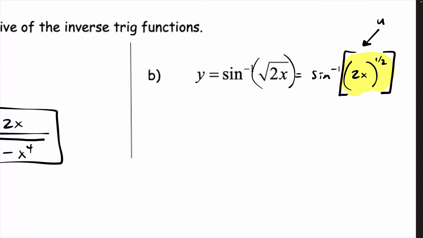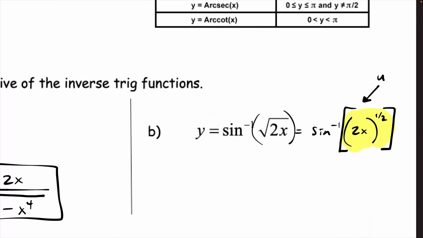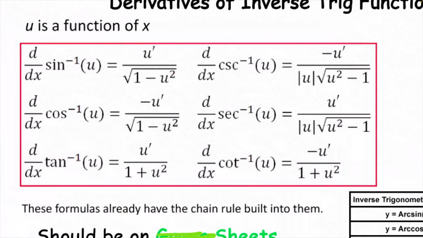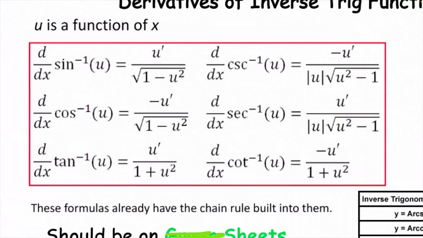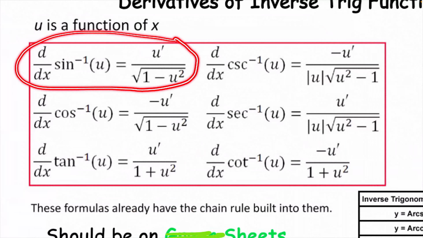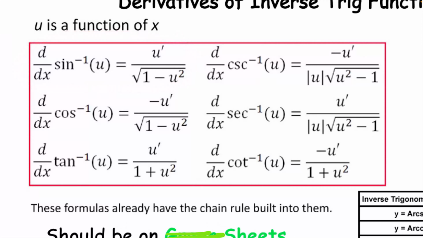So the square root of 2x. Let's look up sine. It says u squared over square root, so the bottom is going to be the same. The denominator is the same as cosine.